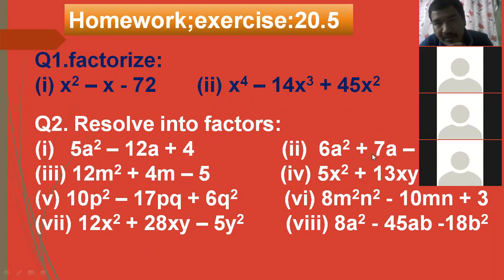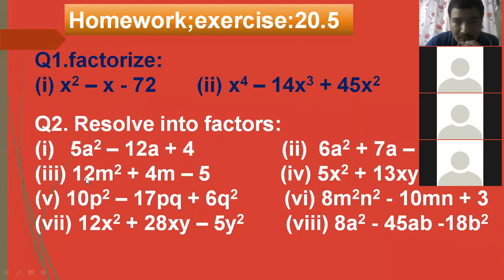What are they? 10 and minus 3. 10 minus 3 is 7. You are absolutely right. 10 minus 3 is 7, and 10 into minus 3 is minus 30. You are right, children. Can you do it?